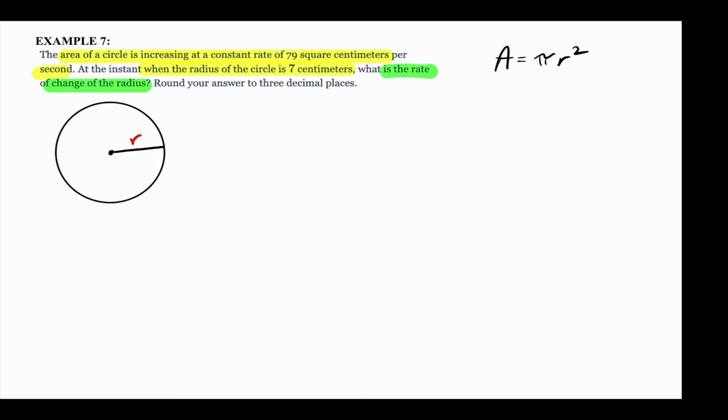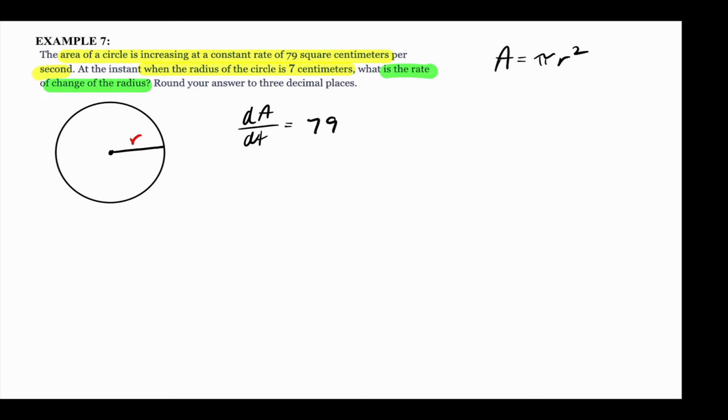Okay, so the area of a circle is increasing at a constant rate of 79 square centimeters per second. At the instant when the radius is 7 centimeters, what is the rate of change of the radius? So I highlighted it. The yellow is what I know. The green is what I need to know. The area is increasing, so dA/dt equals 79.